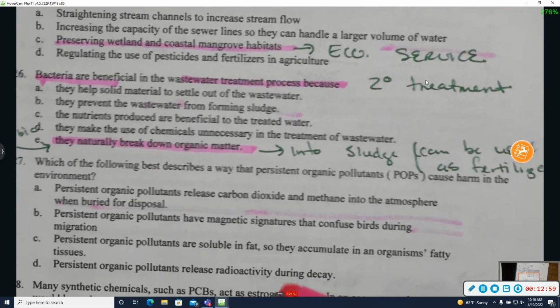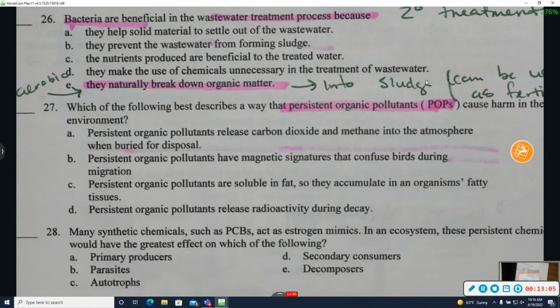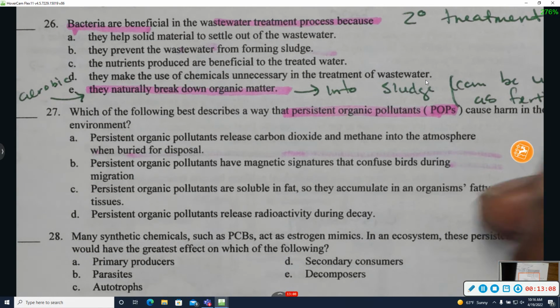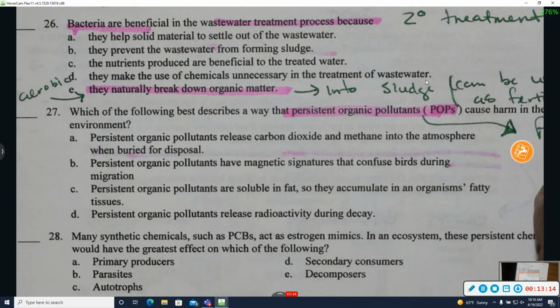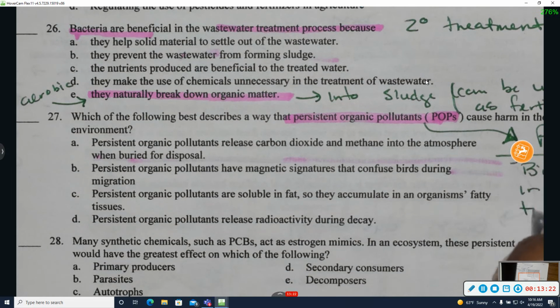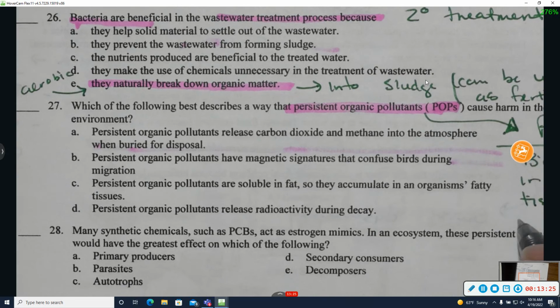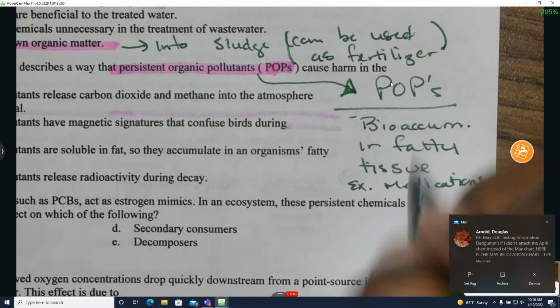Okay, the next one is persistent organic pollutants. It says, which of the following describes the way that persistent organic pollutants can harm the environment? And so if you don't remember what POPs are, these bioaccumulate in the fatty tissues of organisms. Some examples might include any medications, especially hormonal medications or steroids, things like that.